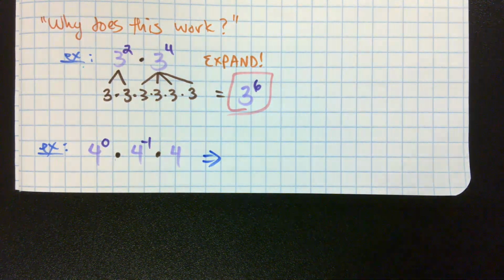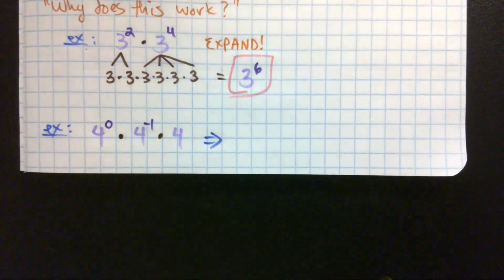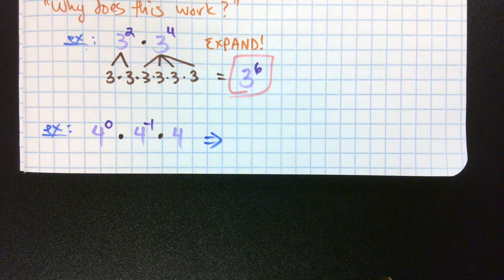Try that problem on your own. Talk about it with your group to figure out what that answer might be as worksheet 4 gets passed around. And then we'll talk about it all together so we can get the answer. Go through the same exact process we did.